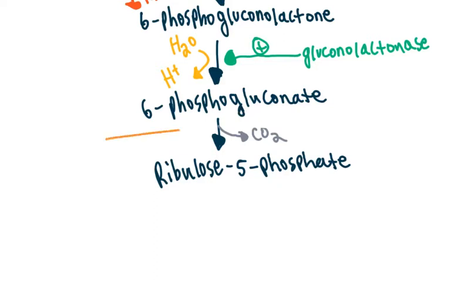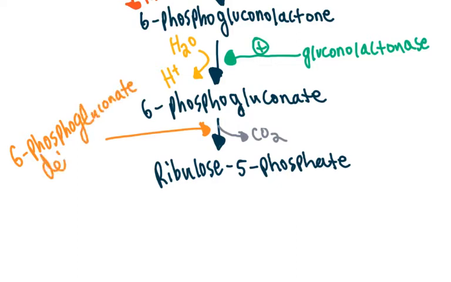The enzyme used to catalyze this step from 6-phosphogluconate to ribulose 5-phosphate is 6-phosphogluconate dehydrogenase. And because we see a dehydrogenase here, that should indicate that we make another NADPH molecule here.